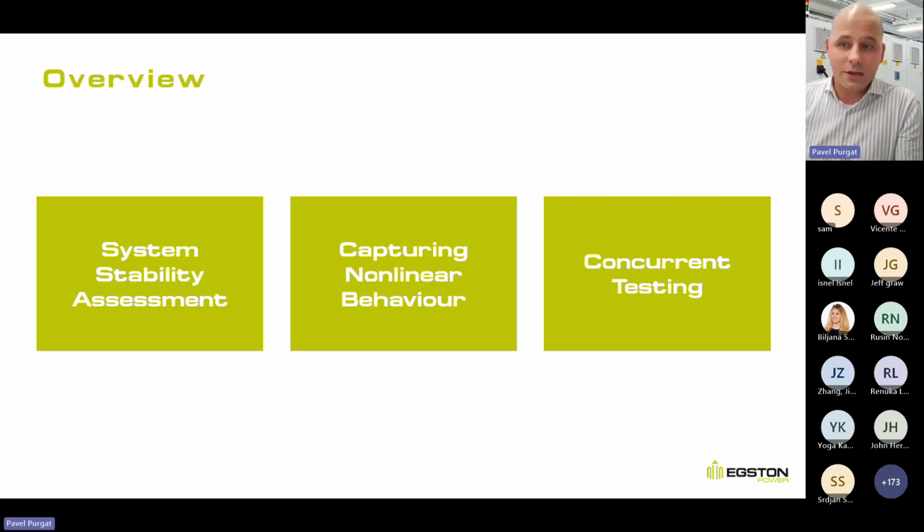That can mean testing different algorithms or different scenarios very rapidly, or, if part of the hardware is not yet available for whatever reason, and you have a model, you can represent that part of the hardware using the power hardware in the loop setup. Thank you very much. Now we are ready to answer the questions.